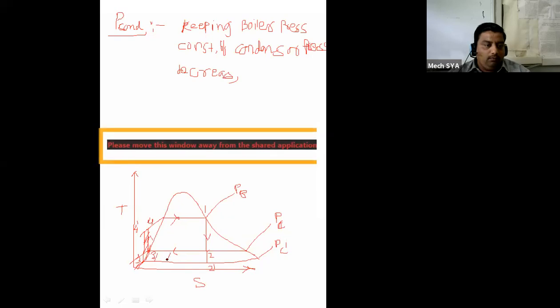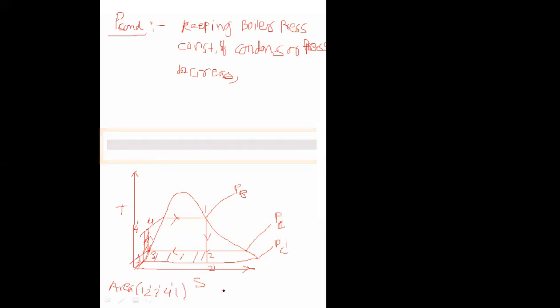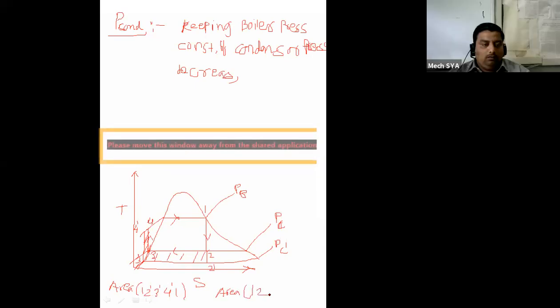Now, keeping boiler pressure constant, if condenser pressure is decreased, then the new Rankine cycle polygon will be 1, 2 dash, 3 dash, 4 dash, 1. Only point 1 remains constant. Compare this area with the original Rankine cycle area 1, 2, 3, 4, 1.